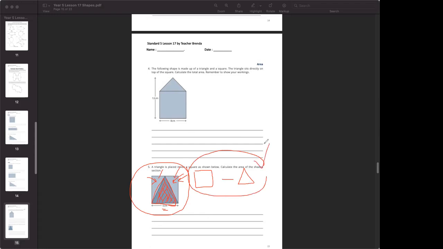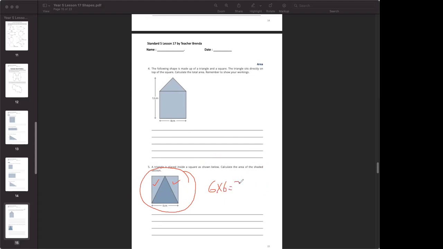Faham ke? I will leave you to do this, okay, by yourself. All right, I'll repeat one little quick time. To find the area of this part, you need to take the area of the whole square, which is 6 times 6. And yes, you'll get 36 centimeter square.